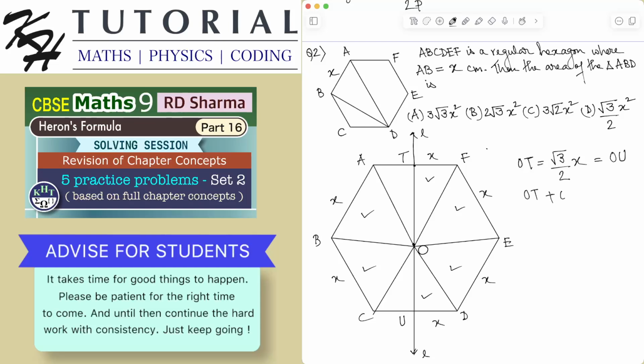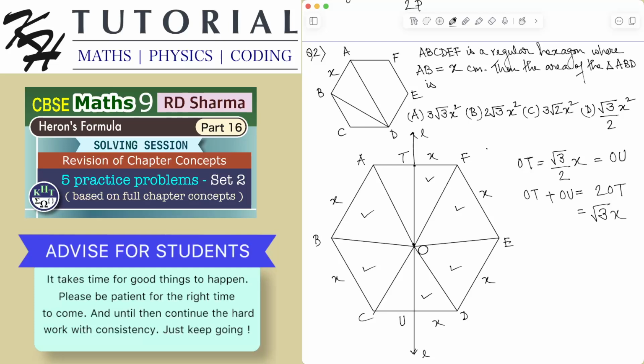TO plus OU will be equal to twice OT, which is equal to square root of 3 times x. So the length of the perpendicular bisector of the opposite sides, you can consider AF and CD to be opposite sides, which is TU, is equal to square root of 3 multiplied by x, where x is the length of each side of the regular hexagon.